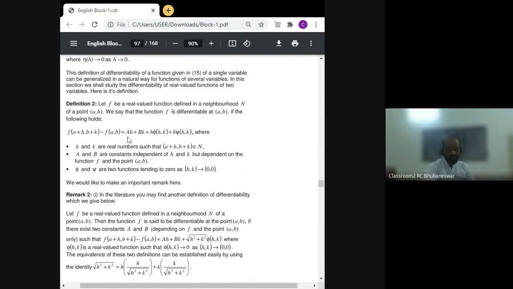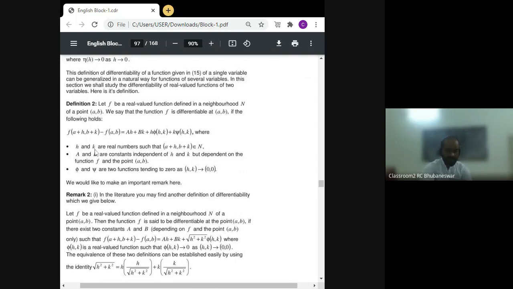And here it can be represented like this: AH plus BK plus phi(h,k) h plus psi(h,k) k. So these are some constants and newly defined functions, and let us focus on these numbers.